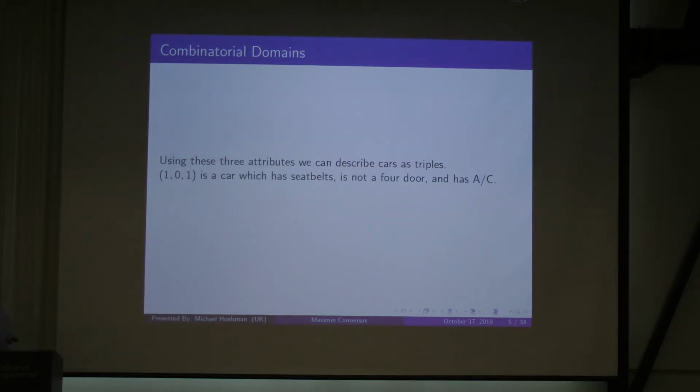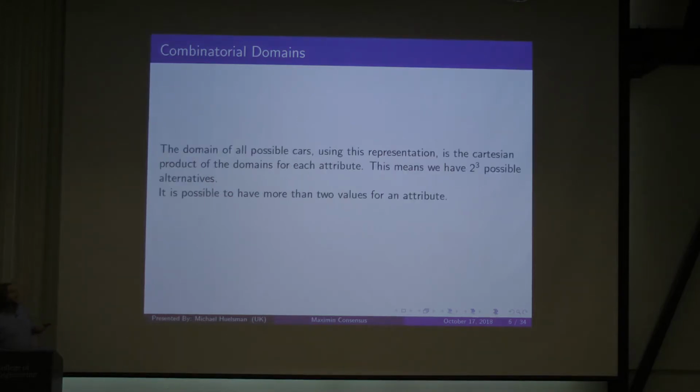So when we look at this domain, since they're all binary, we can represent them as either a 1 or a 0. So for example, if we have 1, 0, 1 as our tuple, we have a car that has seat belts, is not a 4-door, and has AC. And what this allows us to do is that in a lot of cases, we have an exponential domain size. So in this case, it's 2 to the 3, but we can imagine, say, 18 different attributes.